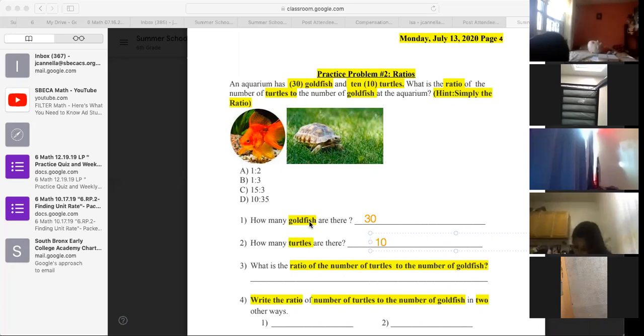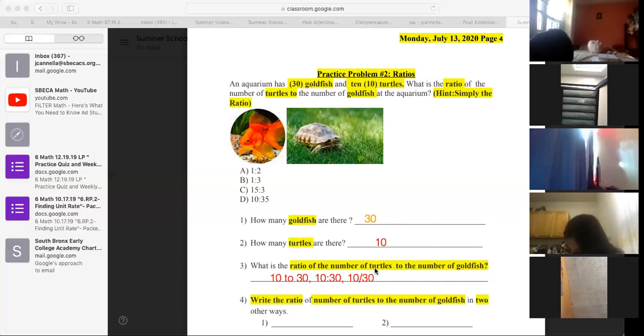How many turtles? 10. And goldfish? 30. 10 to 30, 10 colon 30, and 10 over 30 as a ratio. Good job, Jerickson.